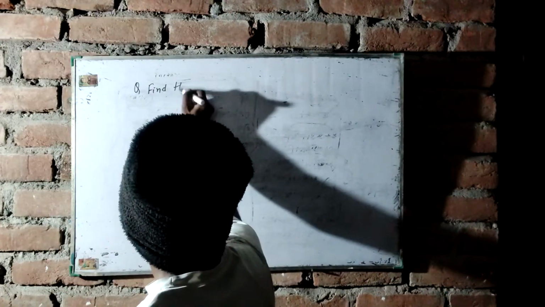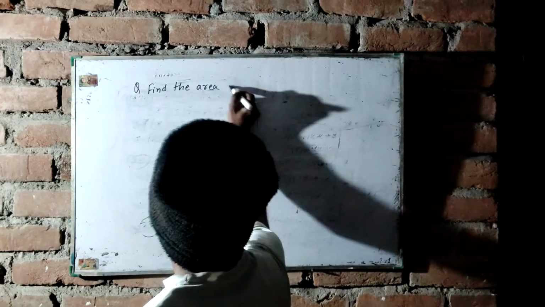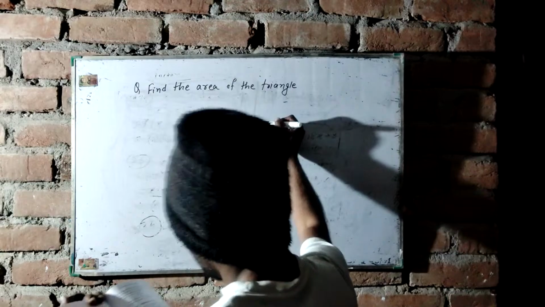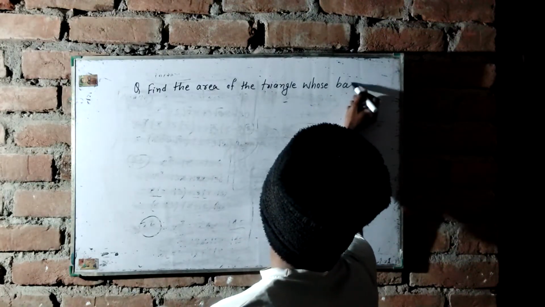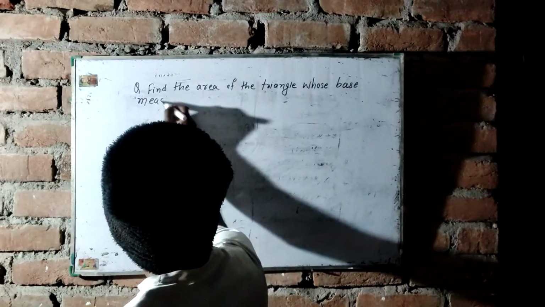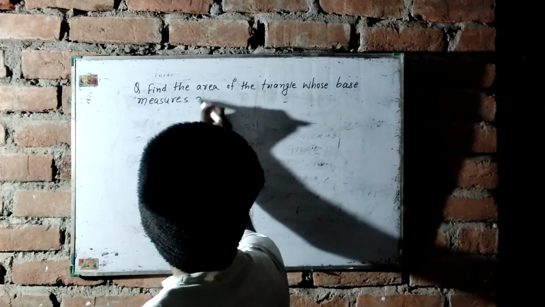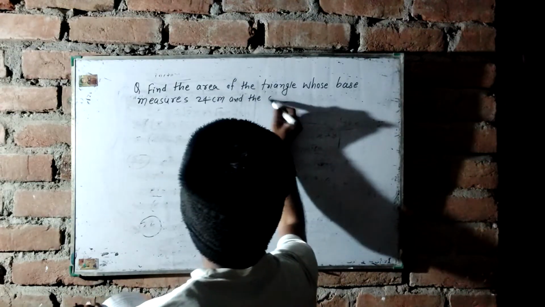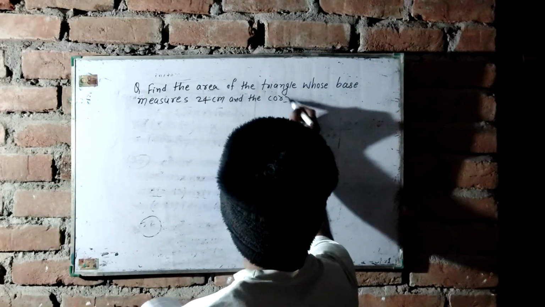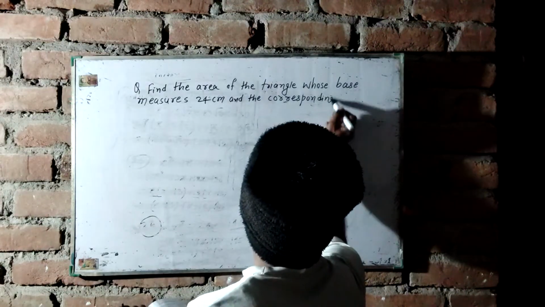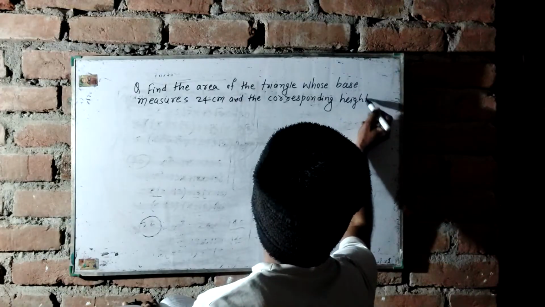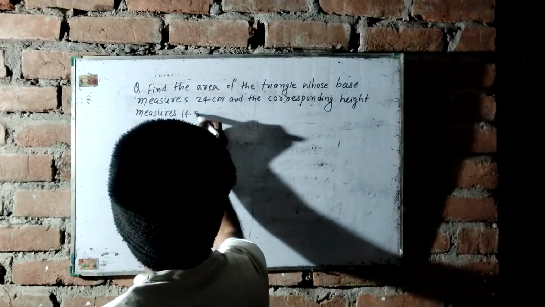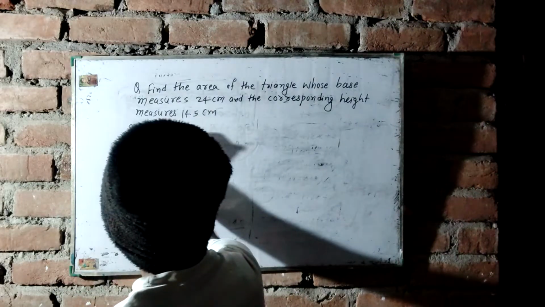Find the area of the triangle whose base measures 24 centimeter and the corresponding height measures 14.5 centimeter. Have a look, guys, solution of these problems.